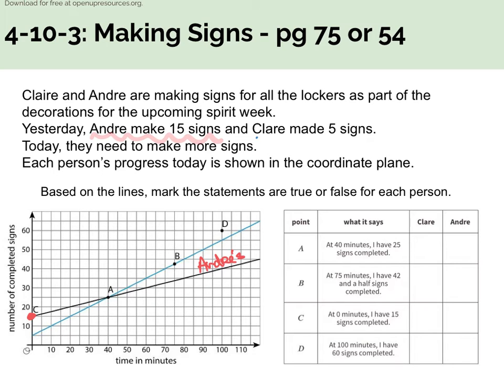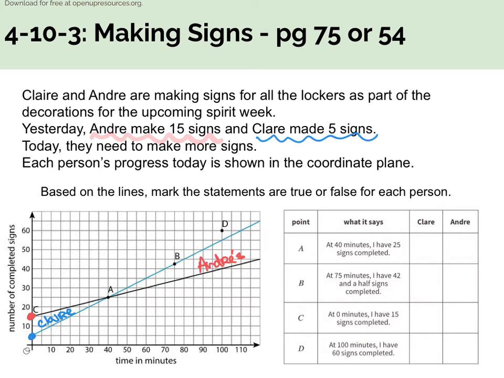Claire started at 5 signs. This is 5, so this is Claire. Now that we know which lines are which, go through this table, answer the questions, put true or false, and then come back. So pause and then come back to us.